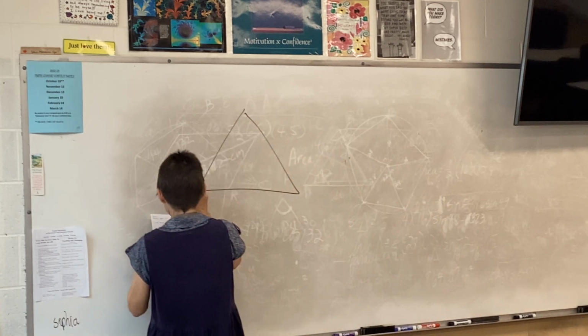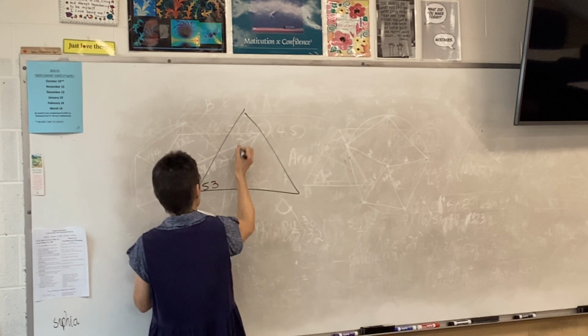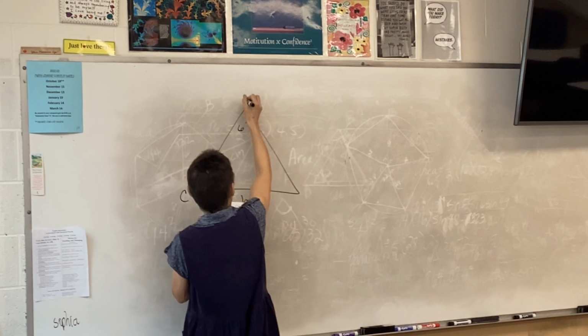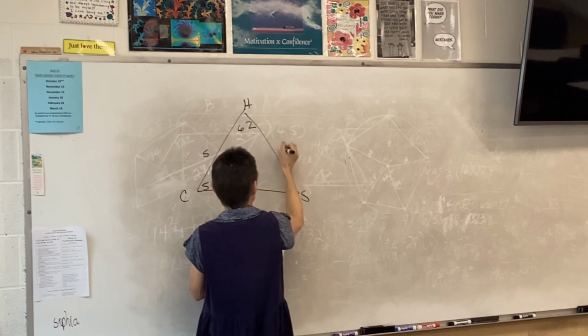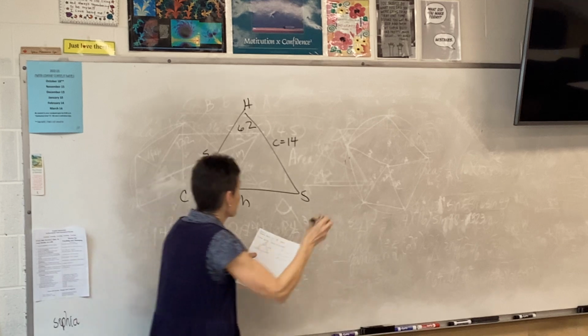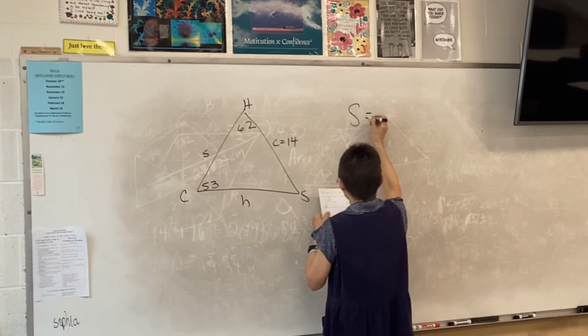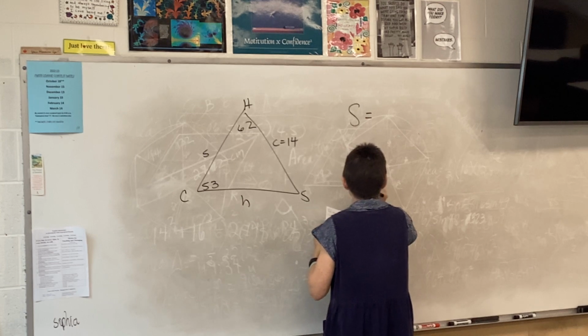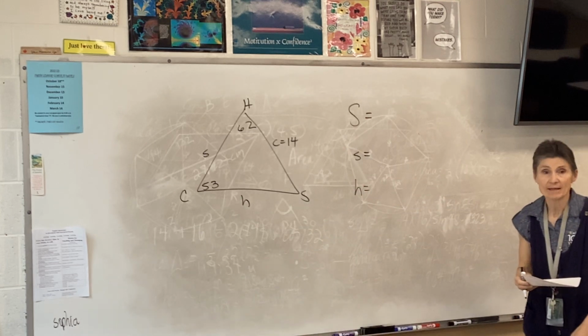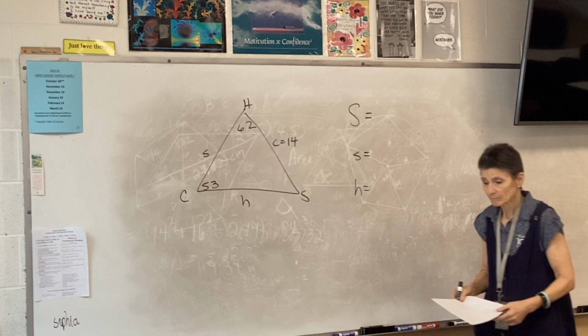Directions say, solve triangle CHS. And then there's blanks over here, just like there will be on the quiz, where you have to find everything that's missing.